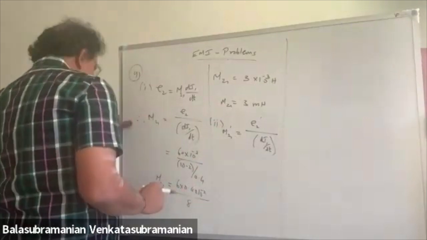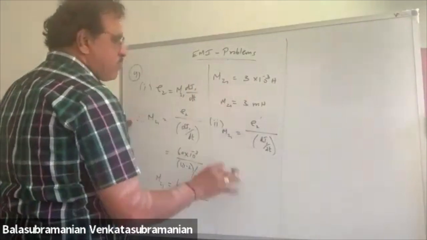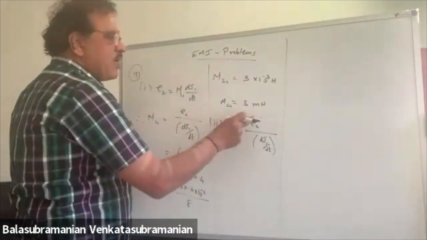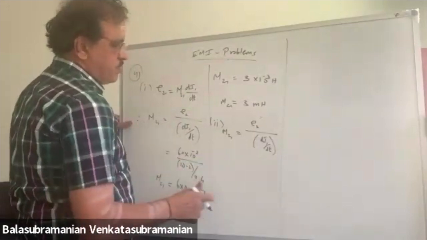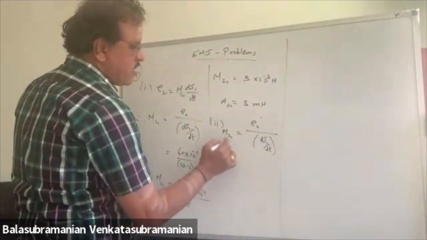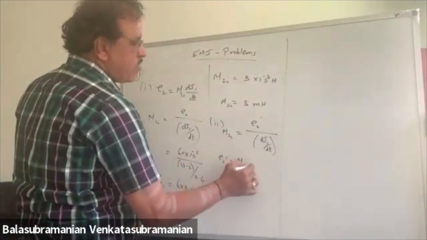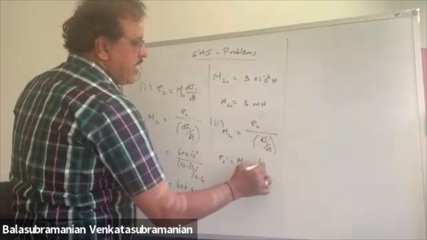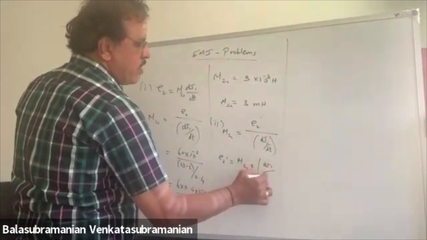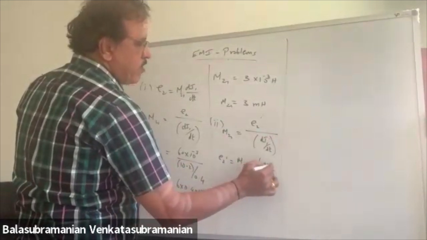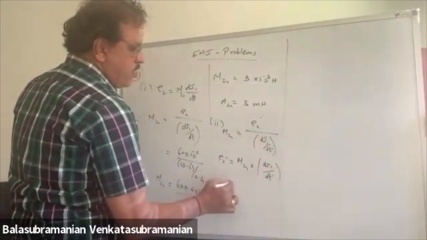You have to calculate the induced EMF. Same question: calculate E2 dash. So E2 dash is equal to M21 into di dash by dt. What is M21?